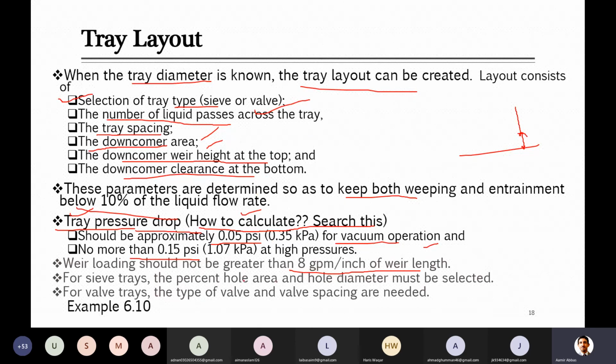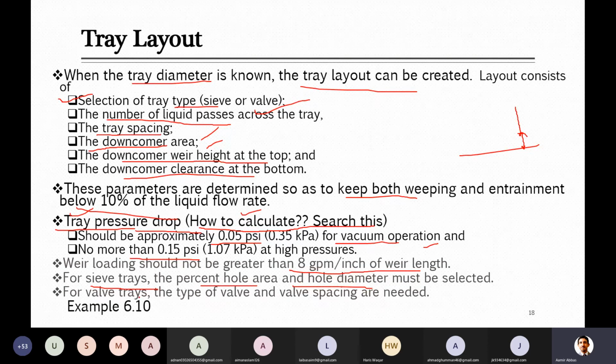For sieve trays, you have to select the percent hole area and the hole diameter when designing the column. The percent hole area, as we said, should be around 10%, or between 6 and 10%. When we discussed the trays earlier, we covered the usual diameter range.